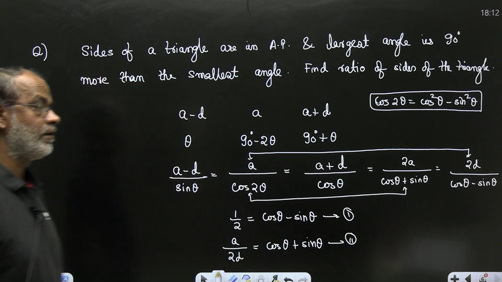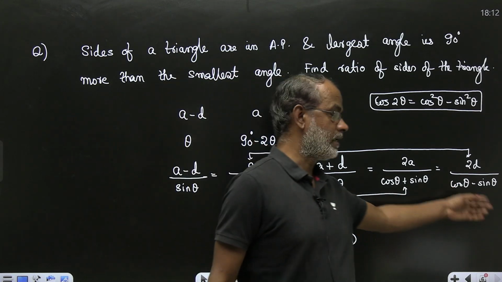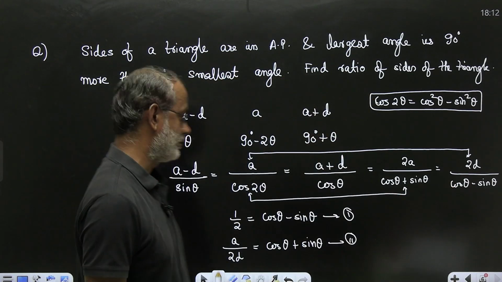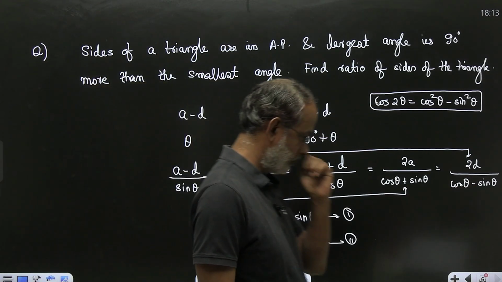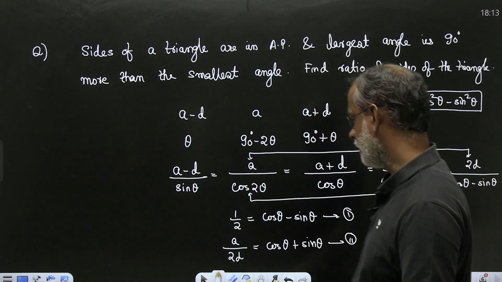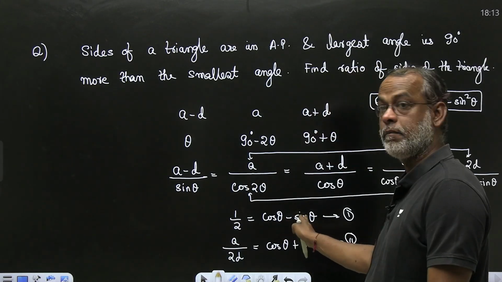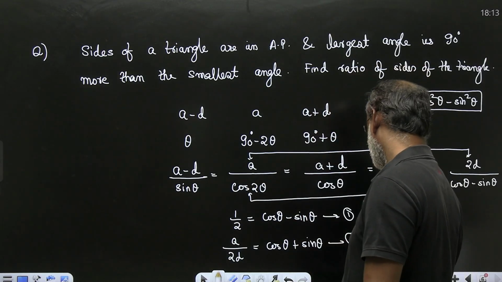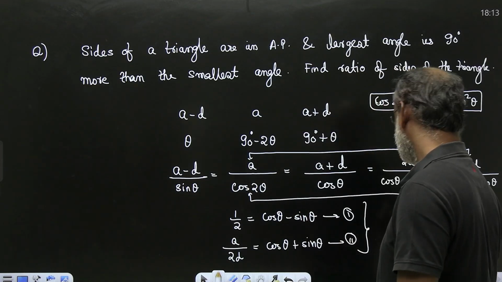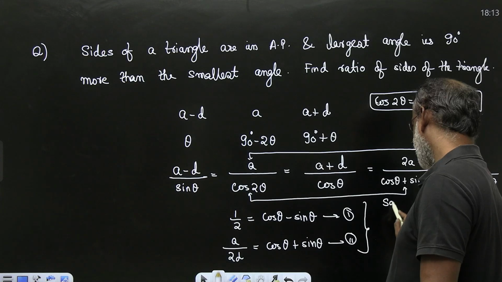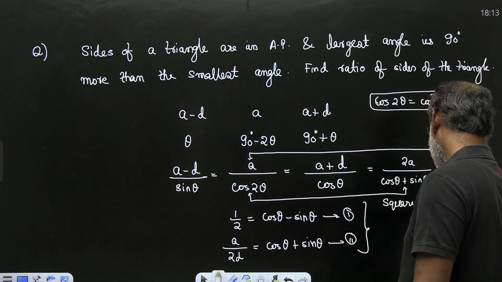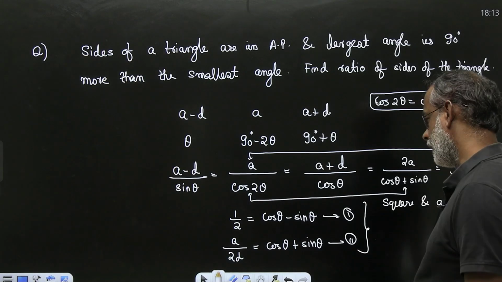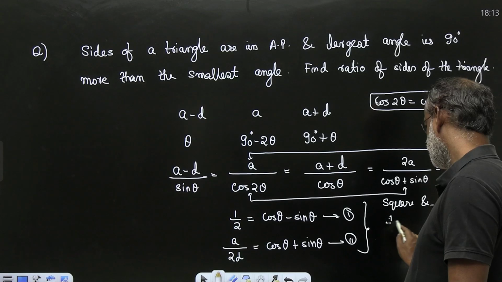Okay, in a similar manner, because here we have minus, what will be left would be cos plus sine. Now, how to get rid of cos and sine here? Cos square plus sine square is 1. So what we can do here to get rid of theta is square and add. What are you going to get? 1 by 4.